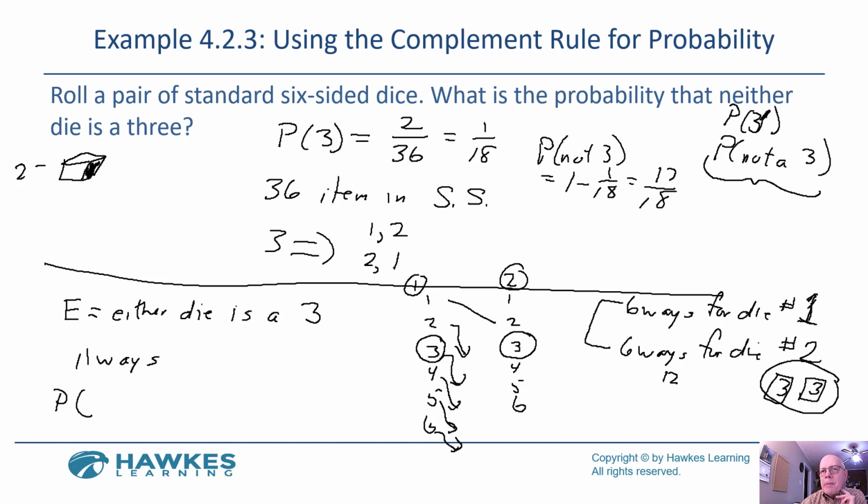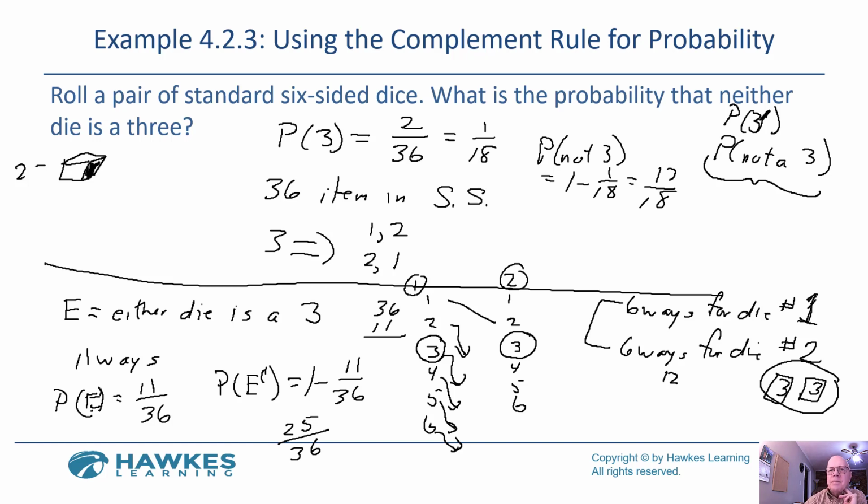So the probability that either die is a 3 would be 11 over 36. So the probability that neither one is a 3 would be 1 minus 11 over 36, or let's see, 25/36. Is that right? Check this real fast. Yeah. And that would be our answer.